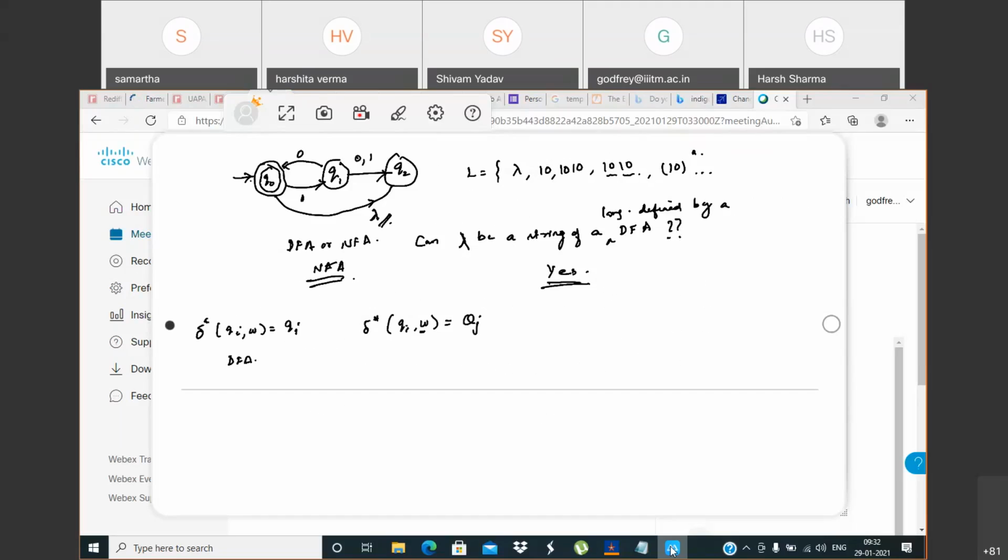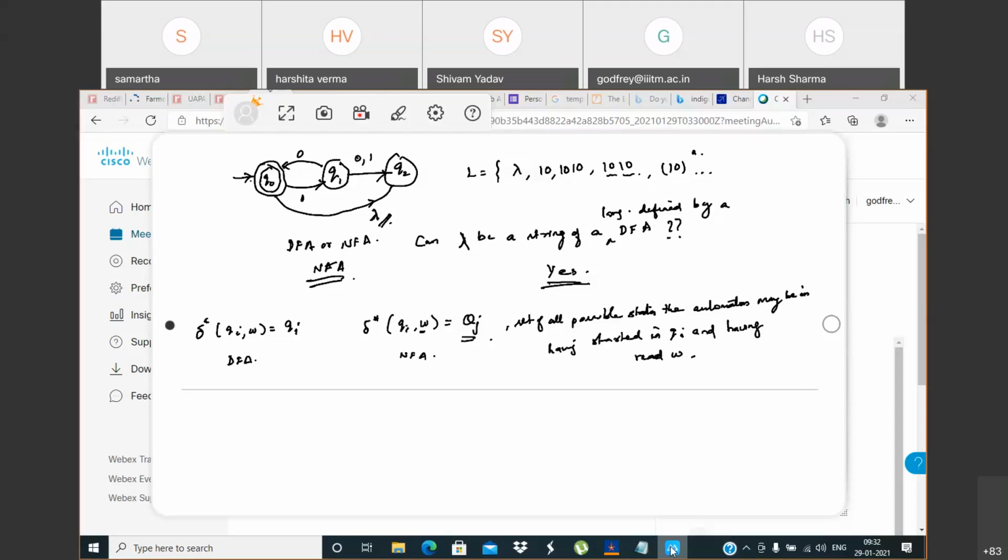With respect to an NFA, define it by capital Qj. So what is this capital Qj? This capital Qj is the set of all possible states the automaton may be in, having started in Qi and having read w.